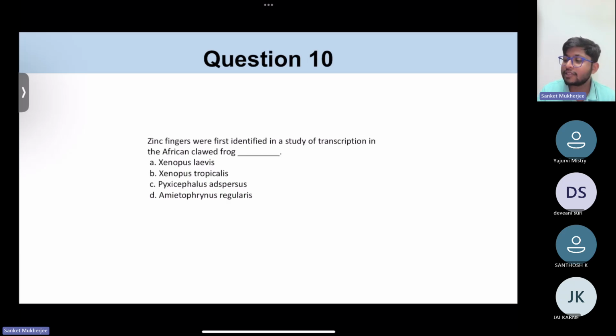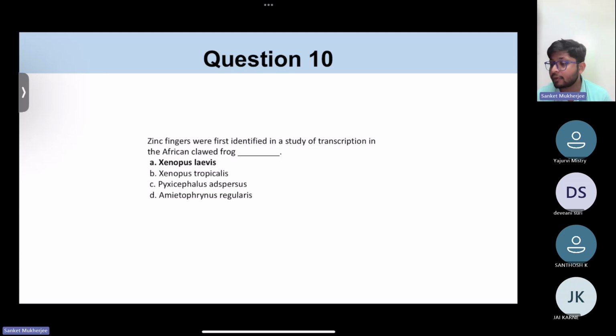Zinc fingers were first identified in a study of transcription in the African clawed frog. What was the species, the scientific name? Was it A, Xenopus laevis, Xenopus tropicalis, Pixicephalus adspersus, or Amietophrynus regularis? Xenopus laevis. Right, you're right.